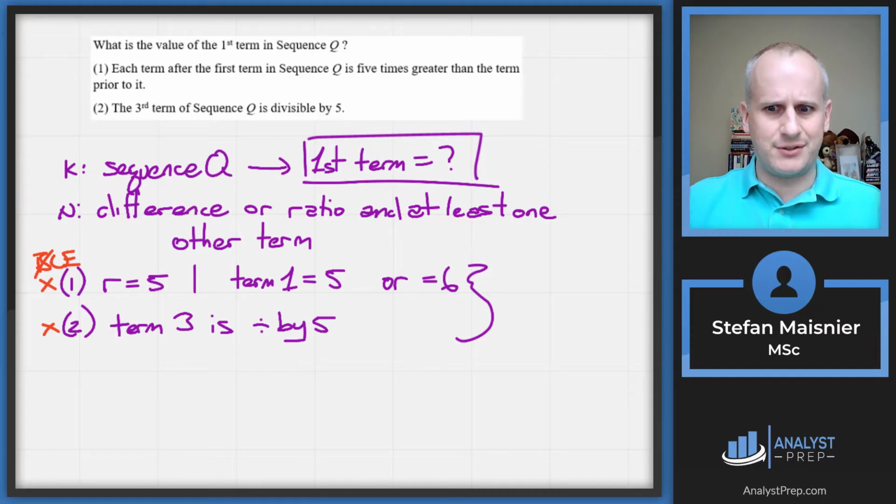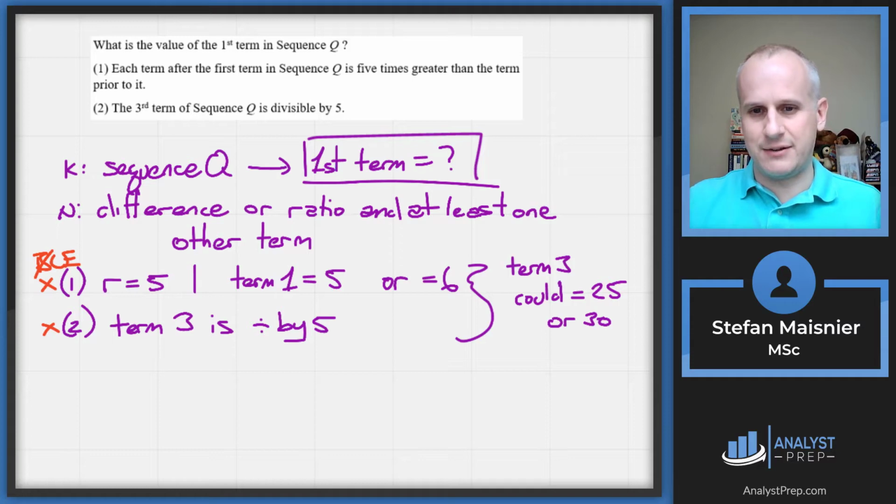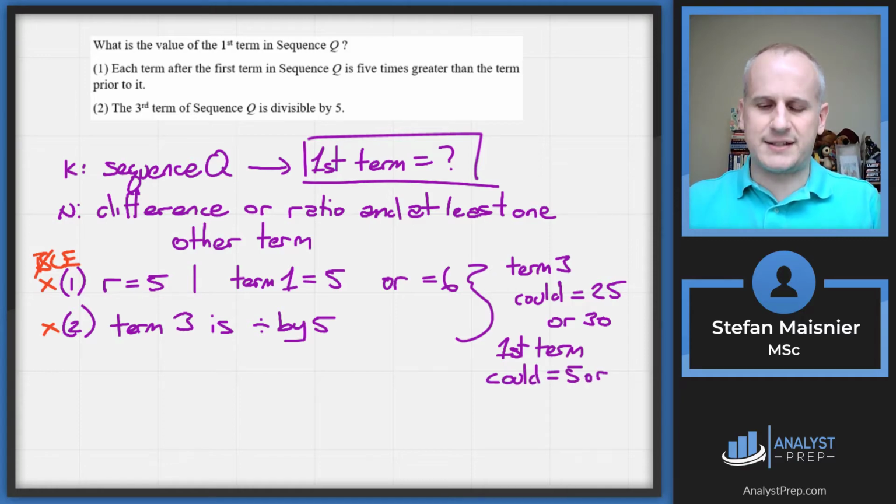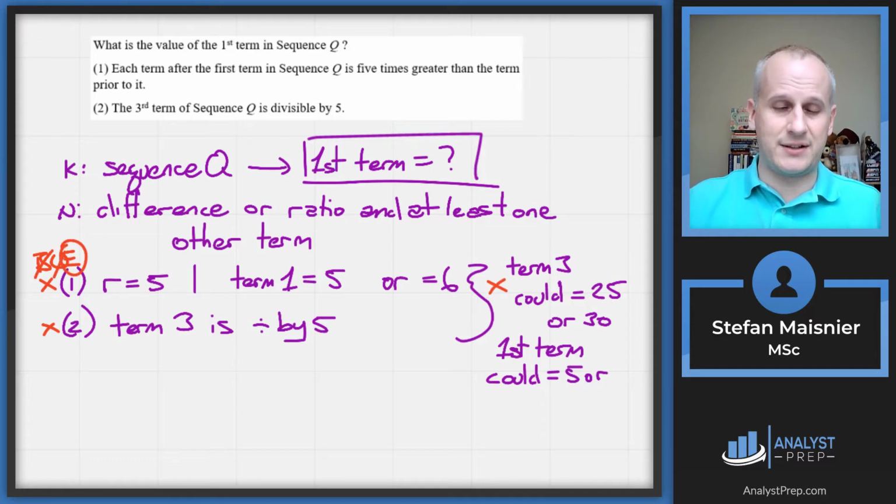But that tells me nothing, because as it stands, term 3 could equal both 25 or 30. And if that's the case, then our first term could equal 5 or 6. And if we've got two different outcomes, that's not sufficient, and our answer is going to be E.